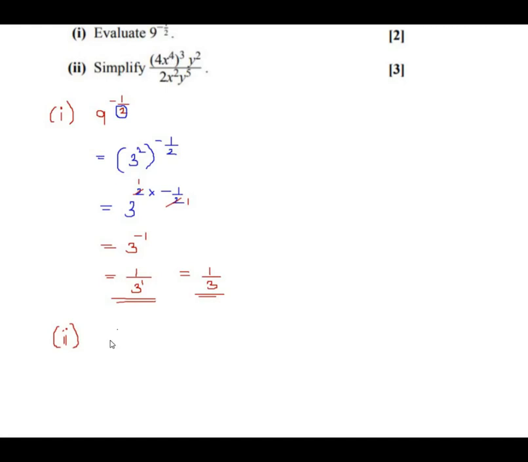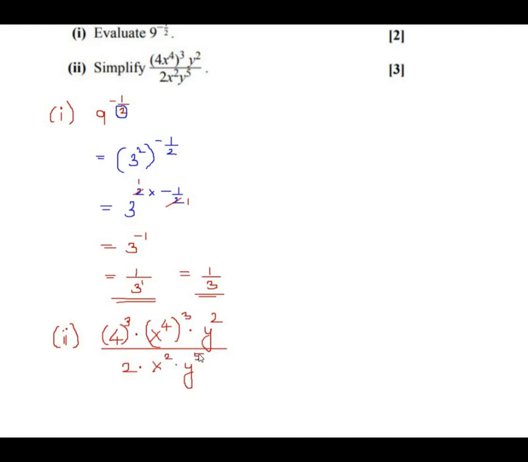So we can simply write it as 4 raised to the power of 3 times x to the power of 4, again raised to the power of 3, and y squared stays the same.